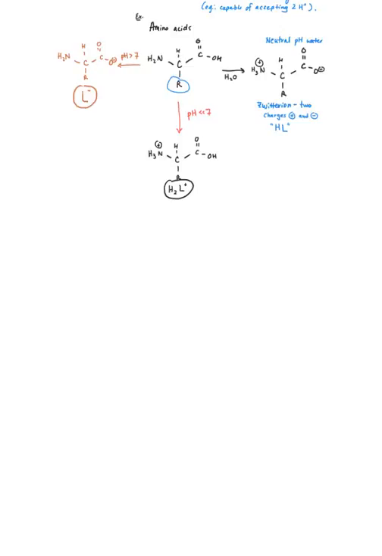Therefore, we can expect to see two deprotonation events for our generic amino acid. In one deprotonation, our fully protonated H2L plus form gives up one of its protons to generate the HL, or zwitterionic form of our amino acid.